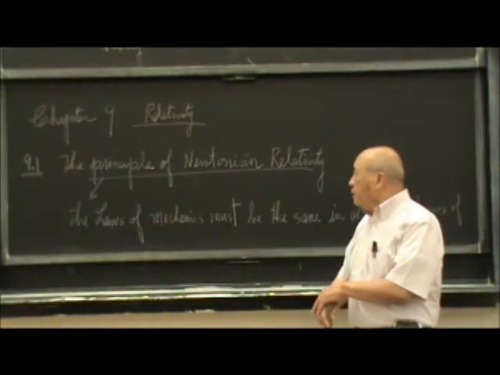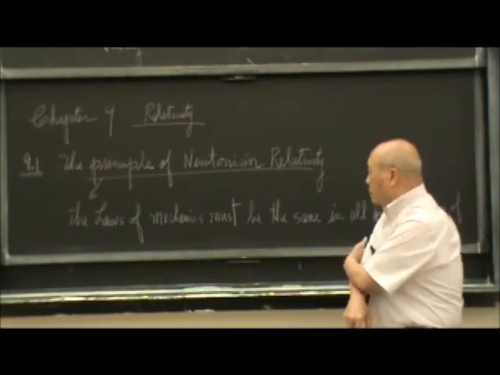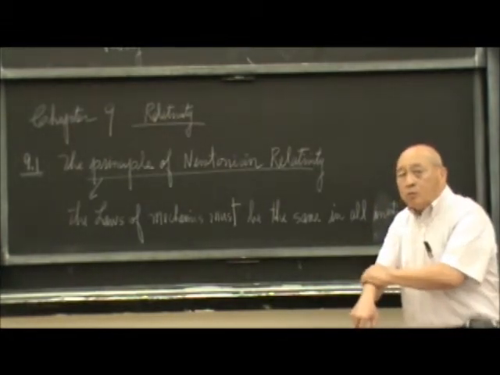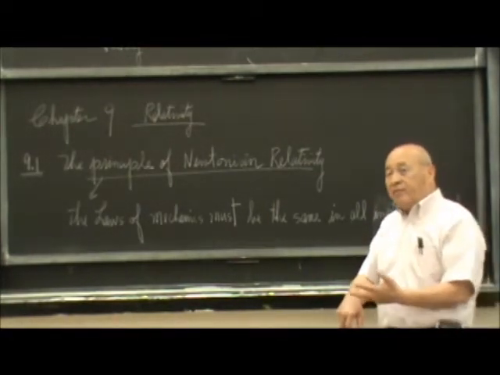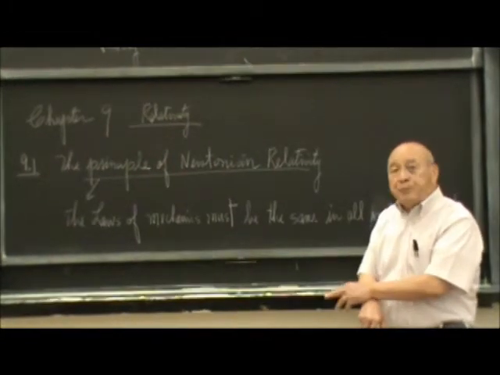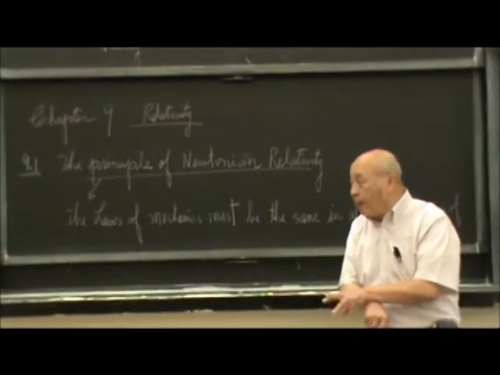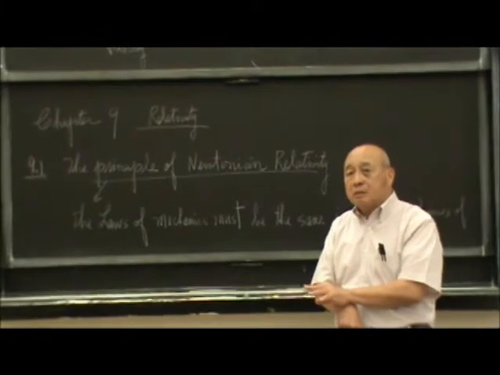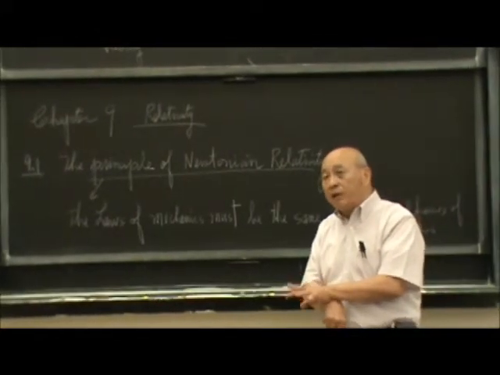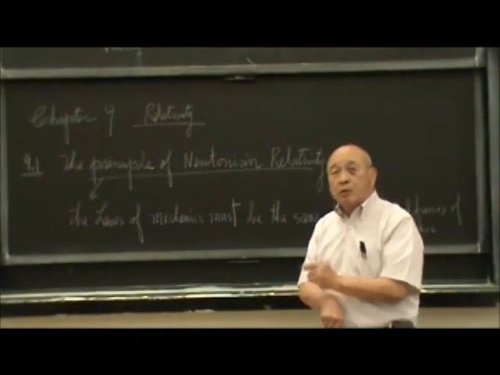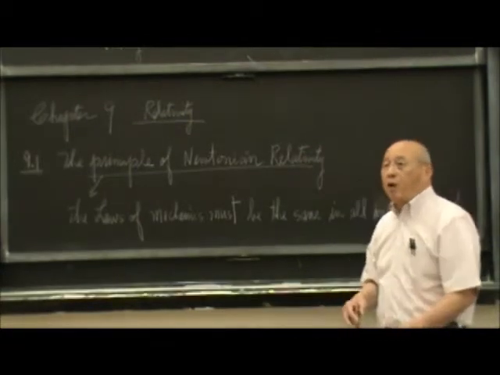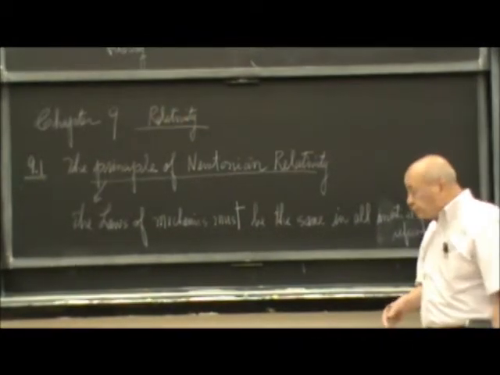In those days, in Newtonian mechanics, the speed of an object is a lot smaller than the speed of light. So consequently, a lot of problems didn't occur.